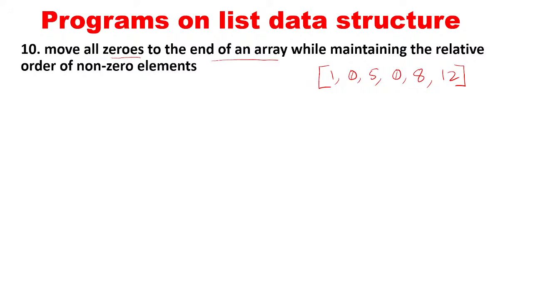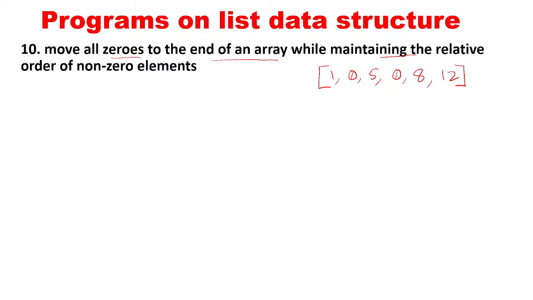You should move all zeros to the end of the array, and all non-zero elements should be before those zeros. Maintaining the relative order of non-zero elements, you should copy them in the same order. That means the numbers should appear like 1, 5, 8, 12 only. You should not change this order.